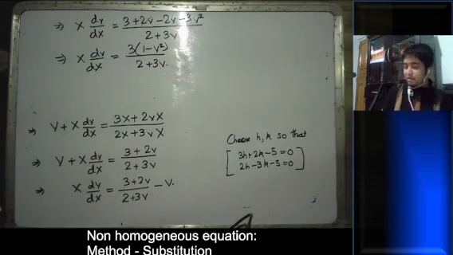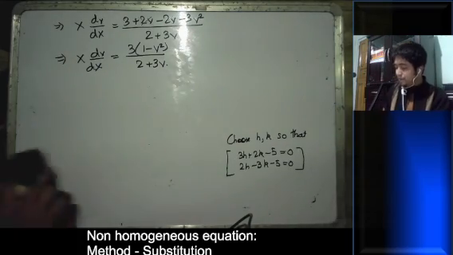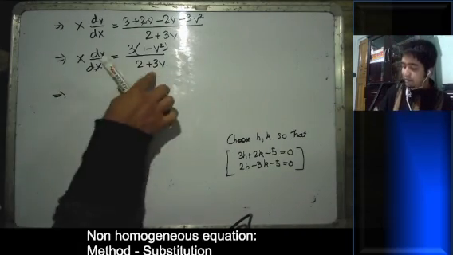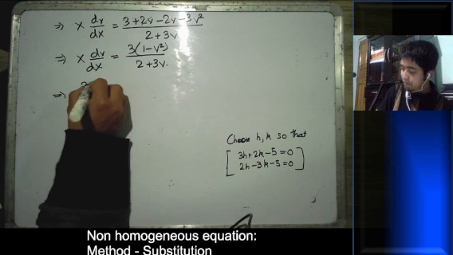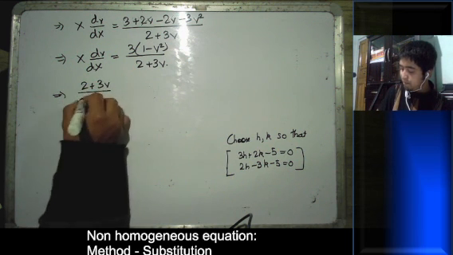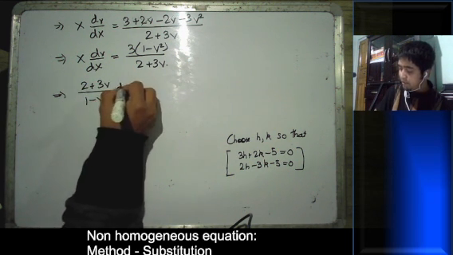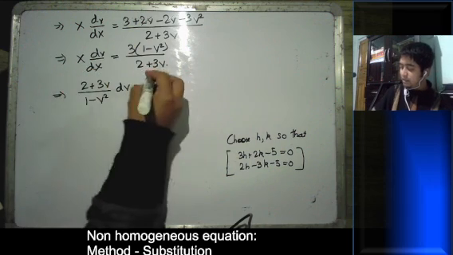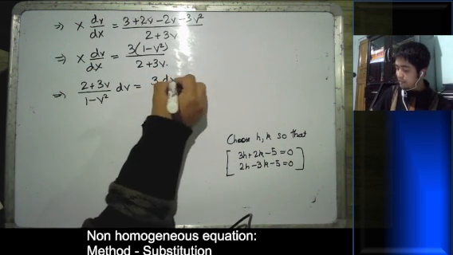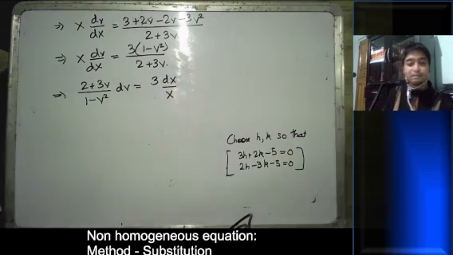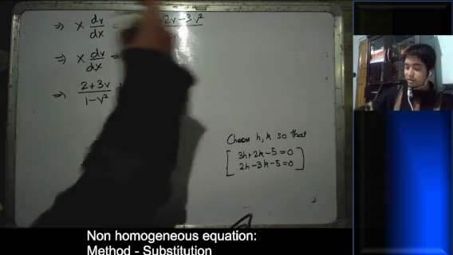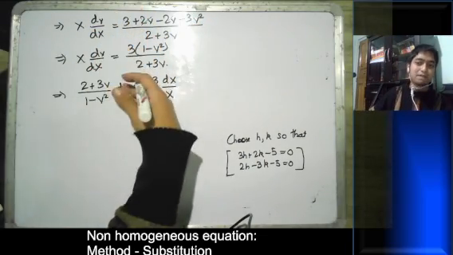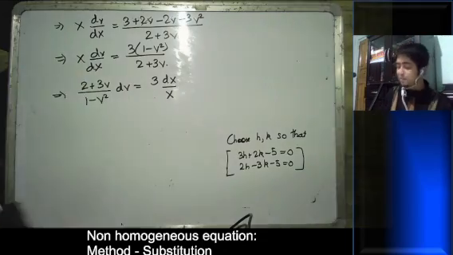Okay, so again, we can separate the variables now. Take all the v's to this side: 2 plus 3v divided by 1 minus v square dv will become 3 dX upon X. Okay, so after homogeneous, we use some substitution and then separate the variables.